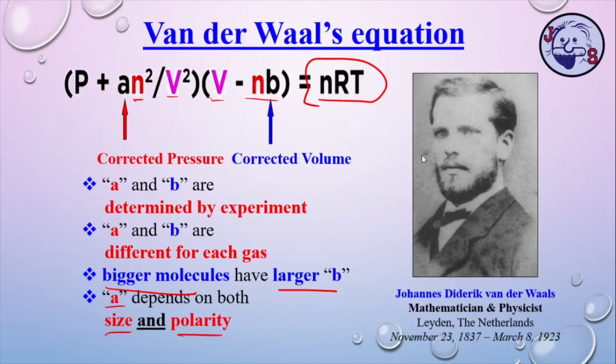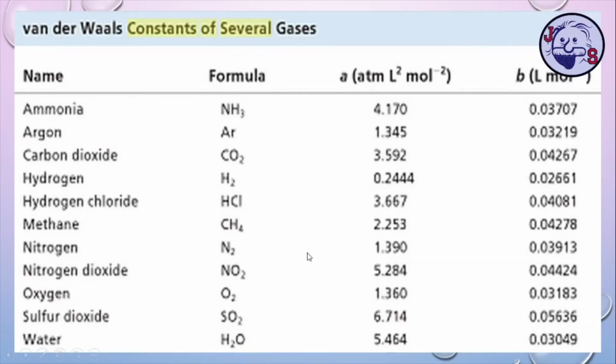So what are these a and b constants that we have? For ammonia, we have 4.170 and the b constant is 0.03707. What does this mean?